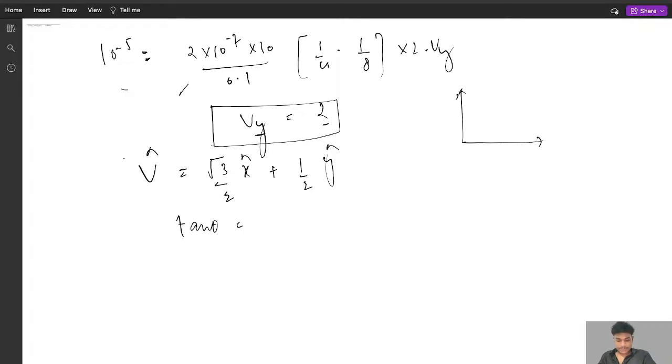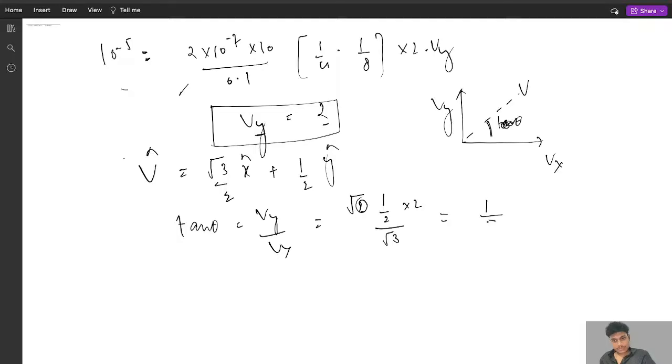Okay, you can find by any method, that is tan theta is equal to vy upon vx, that is equal to 1 by 2 upon root 3 by 2, that is our 1 upon root 3.